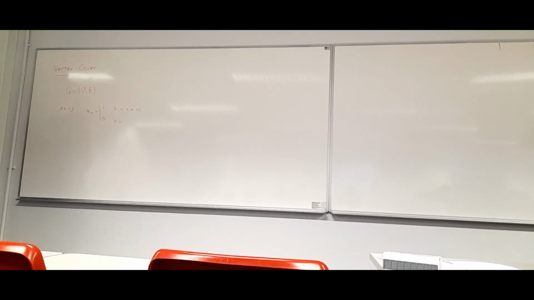Okay? But this is what I want to happen in the end. Right now, the only thing that I know is that I have one variable for each one of my vertices.